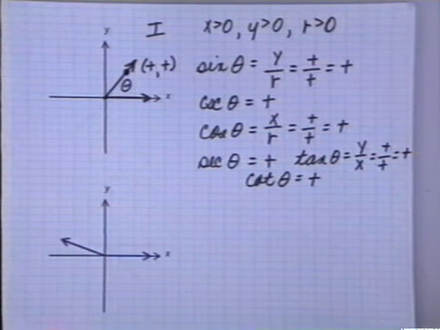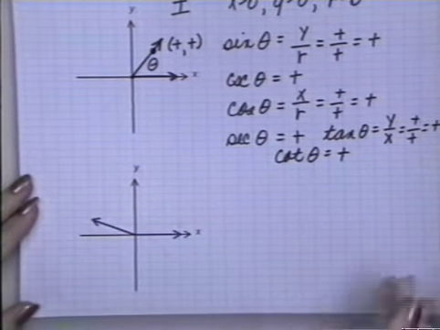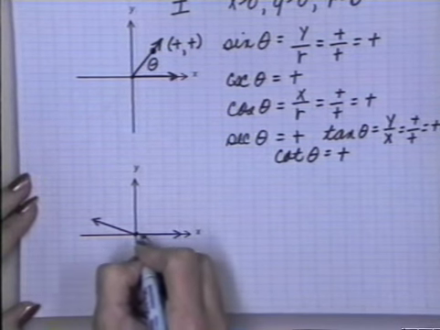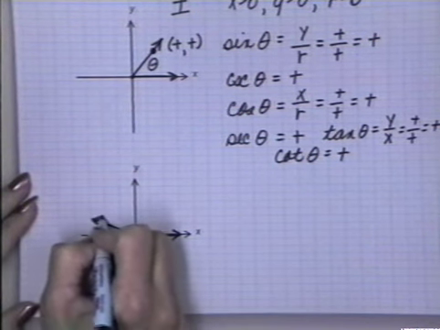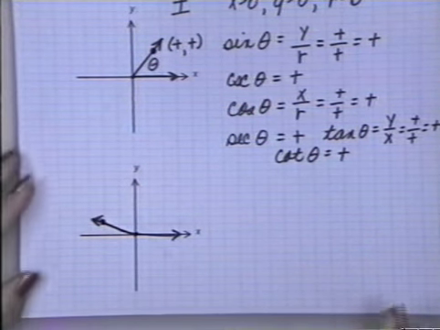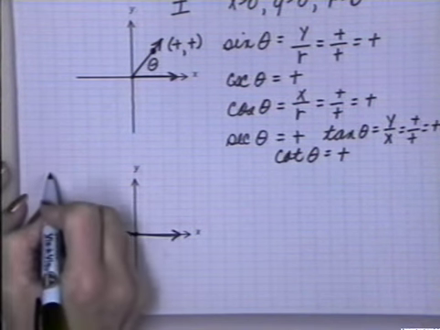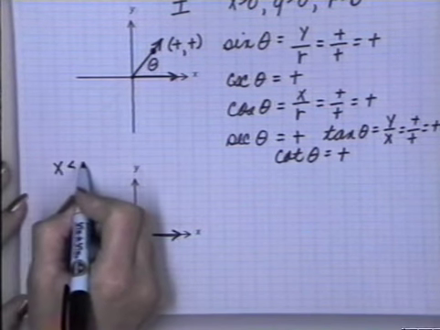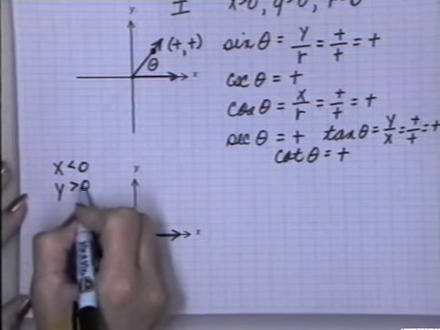Now let's see what happens in the second quadrant. I'll follow the same process. My angle in standard position, terminal side in the second quadrant. I'll pick any point except the origin on the terminal side. Now in the second quadrant, x is less than 0, y is greater than 0.